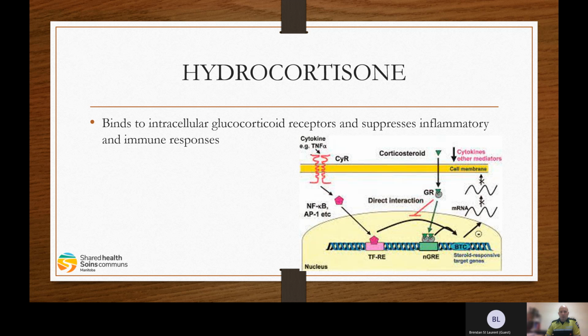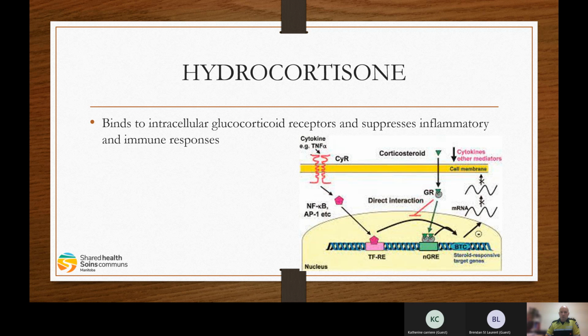With hydrocortisone, I don't have a degree in microbiology, so I can't go into depth of all what happens in the cells here, but I'm going to put it in a nutshell. We give hydrocortisone, it binds to intracellular glucocorticoid receptors and suppresses inflammatory immune responses. So it affects numerous steps in the inflammatory pathway inside the actual physical cell.